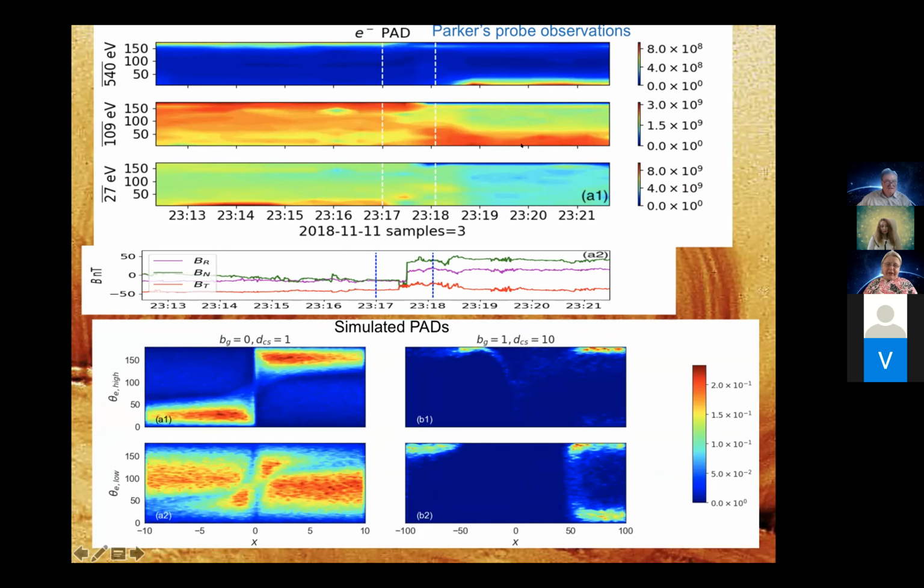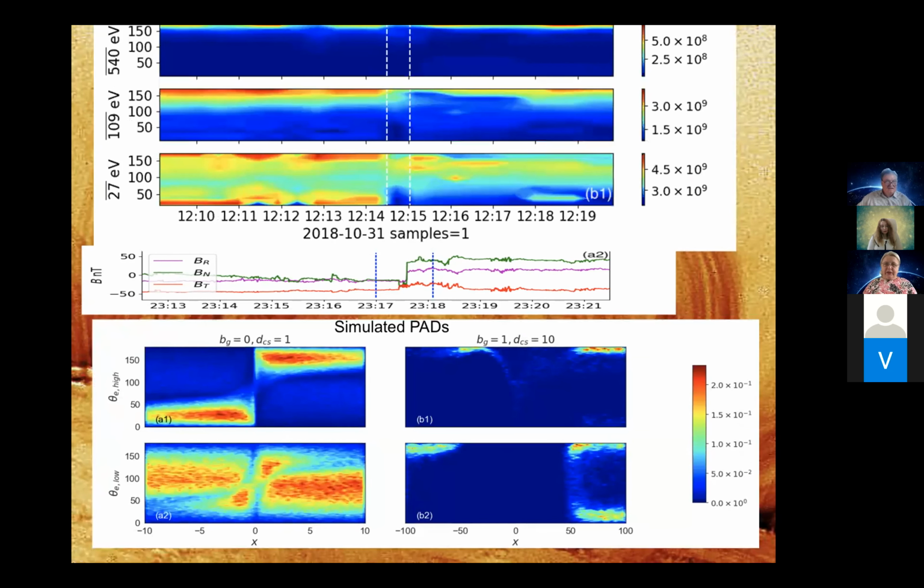this is your nice lower energy bounce electrons coming here, while another observation, when the current sheet was a bit wider, corresponds more to the right-hand side, when the high energy electrons show only one direction when the beams are separated, while the lower energy electrons show this double change, like in here, 0 and 180 degrees.